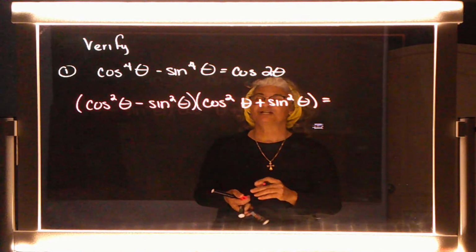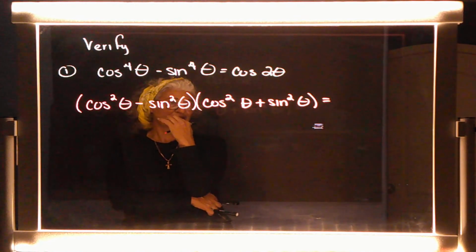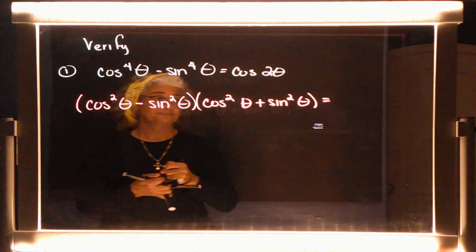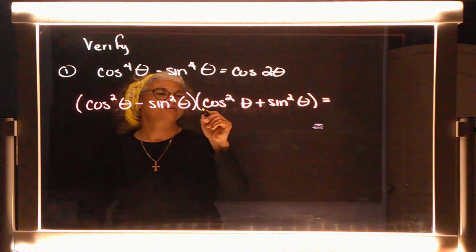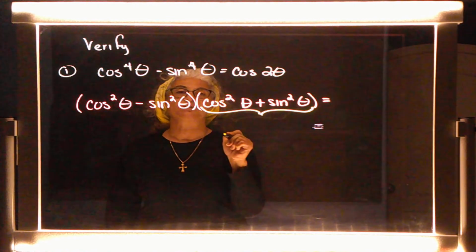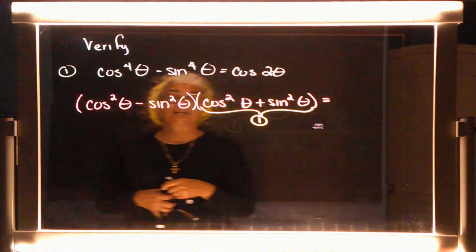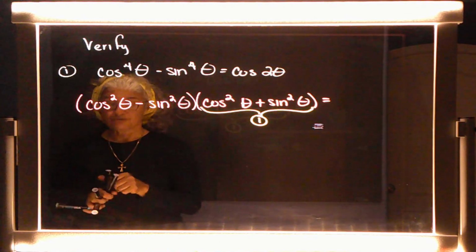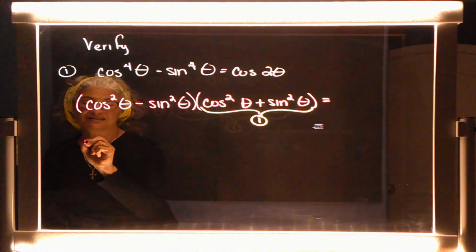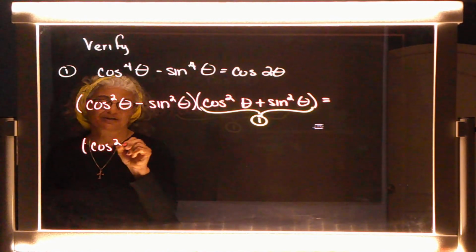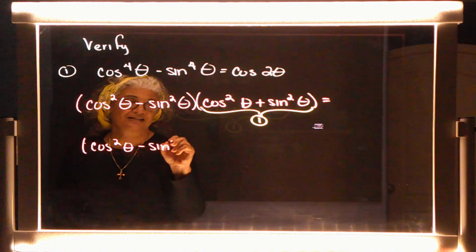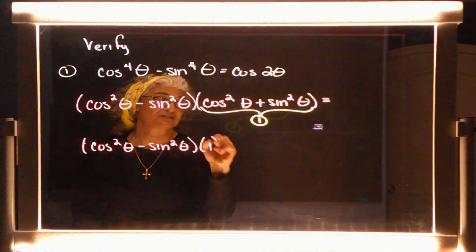Okay, so, wait a minute. Cosine squared theta plus sine squared theta is what? Yep, by Pythagorean trig identity, right? Which means I've got the cosine squared of theta minus the sine squared of theta times 1, don't I?